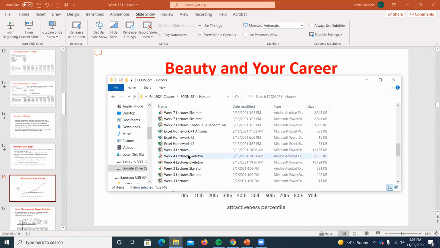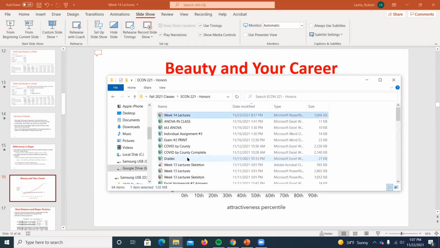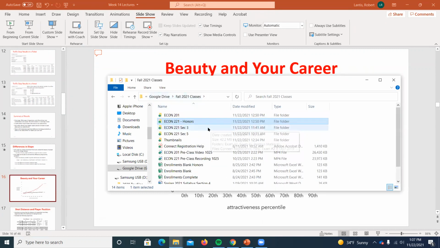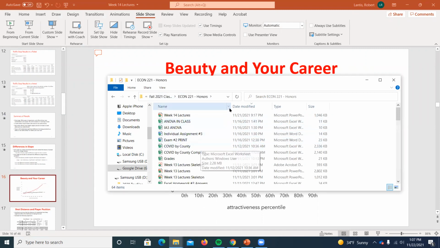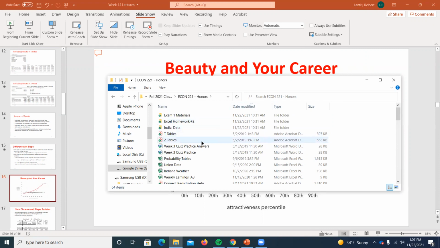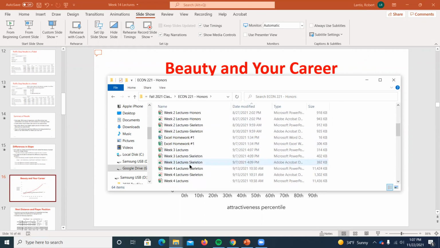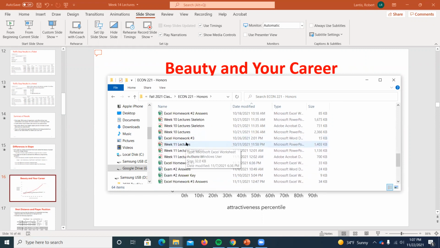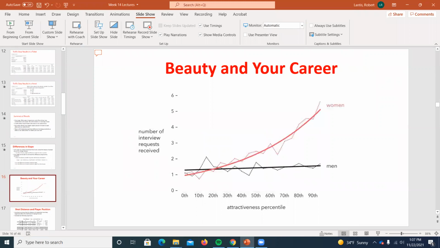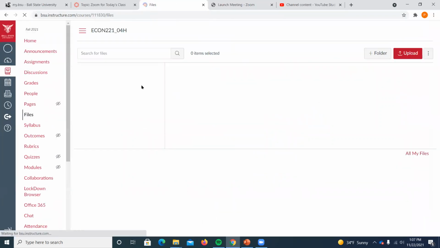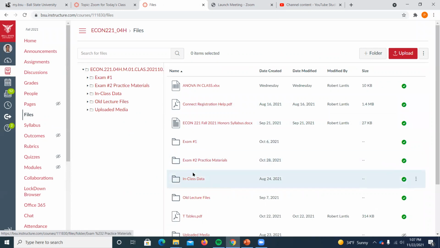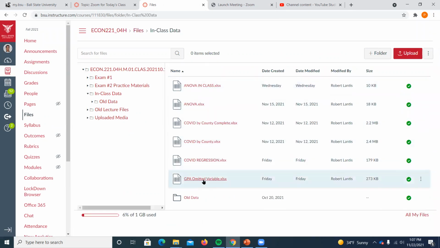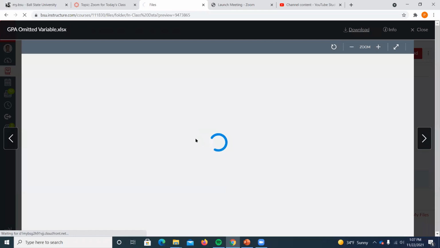We did the GPA data. I'll go to Canvas, in-class data. We have this GPA admitted variable.